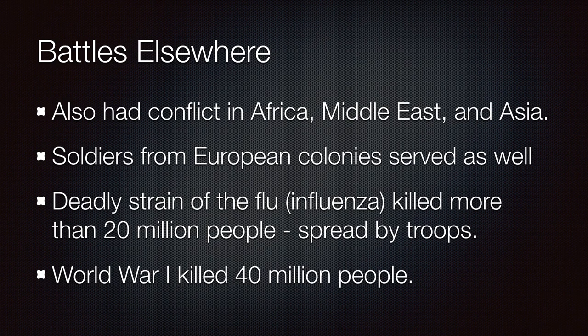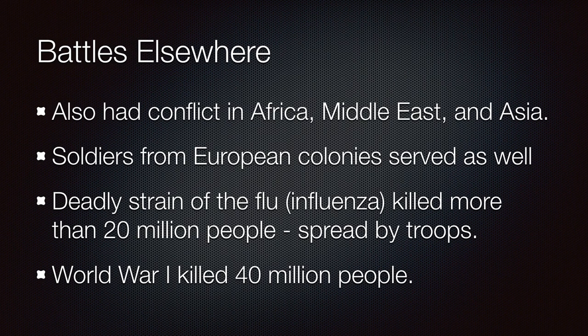There were also conflicts in other parts of the world during World War I. There were conflicts in Africa, the Middle East, and Asia. Soldiers from the European colonies served in these battles as well on the Western Front.